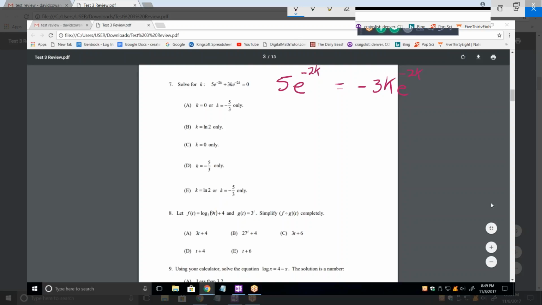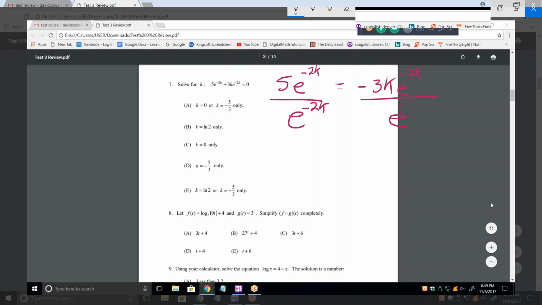Actually, not in this case. Why is that? I have an e to the minus 2k on the left, and I have an e to the minus 2k on the right. You can just divide by e to the minus 2k. In other words, this is a very unique problem.